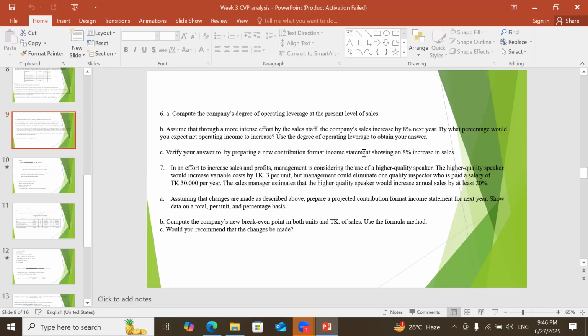In this case, you have to prepare a contribution format income statement. Then you try to find the net operating income.